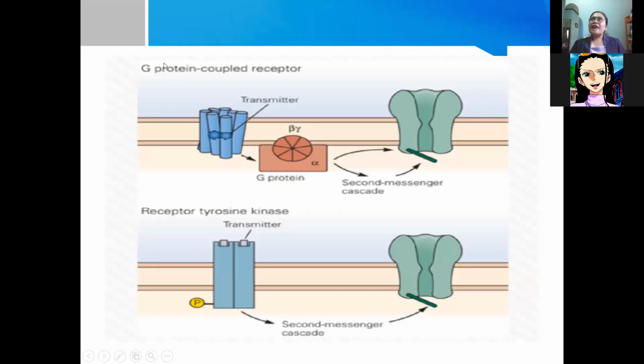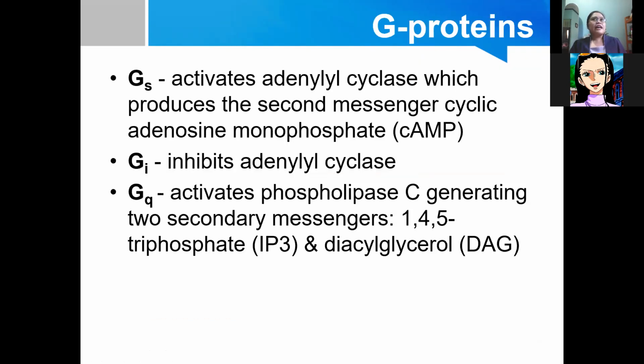And then we have different kinds of G proteins. The GS means stimulate, meaning ma-stimulate or ma-activate ni GS protein ang adenylyl cyclase that will result to the production of a secondary messenger called cAMP. That's cyclic adenosine monophosphate. And then GI naman for inhibition.